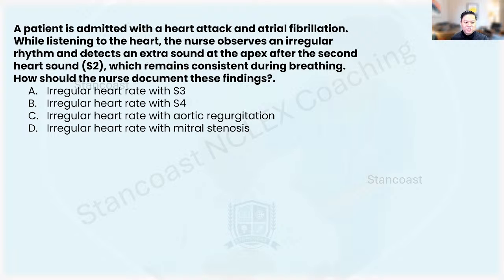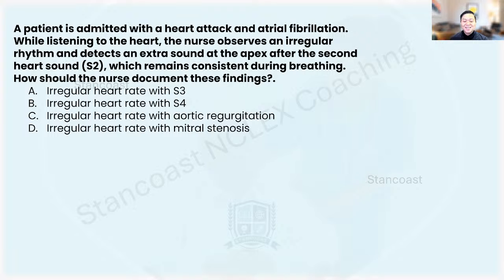Again, the question states, a patient is admitted with a heart attack and atrial fibrillation. While listening to the heart, the nurse observes an irregular rhythm and detects an extra sound at the apex after the second heart sound, S2, which remains consistent during breathing. How should the nurse document these findings?